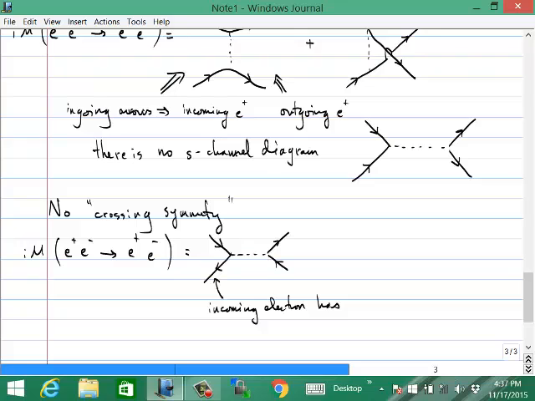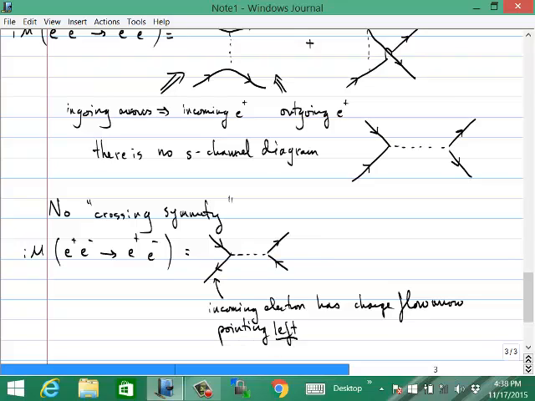And this incoming electron has the charge flow arrow, or the particle flow arrow, pointing to the left rather than to the right, indicating that it's an antiparticle that's an incoming particle rather than a particle. Remember, these arrows point in the direction of charge flow.